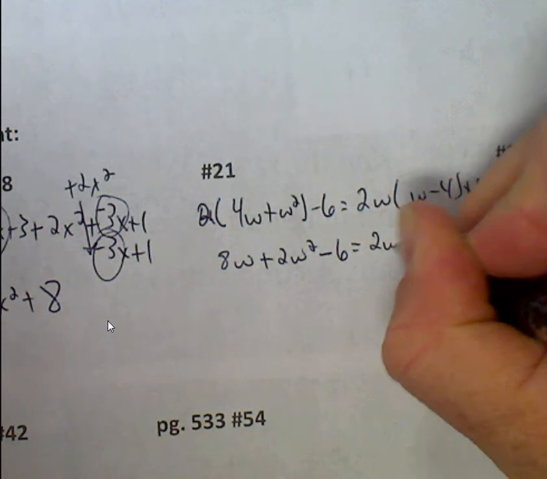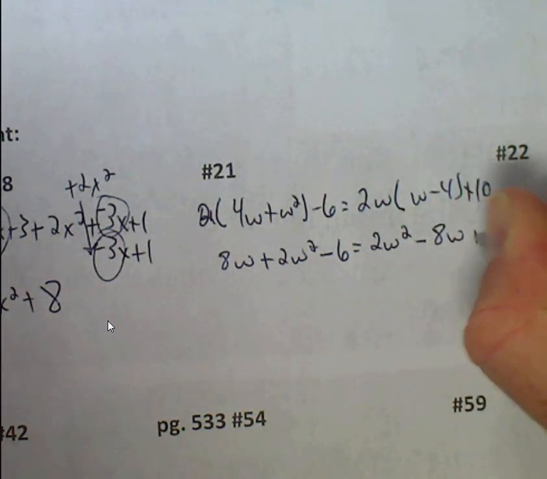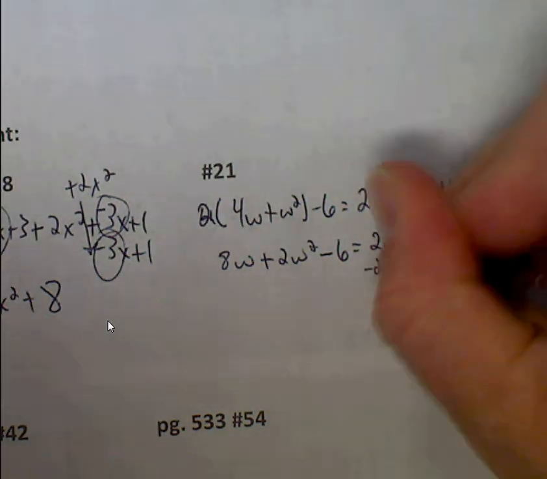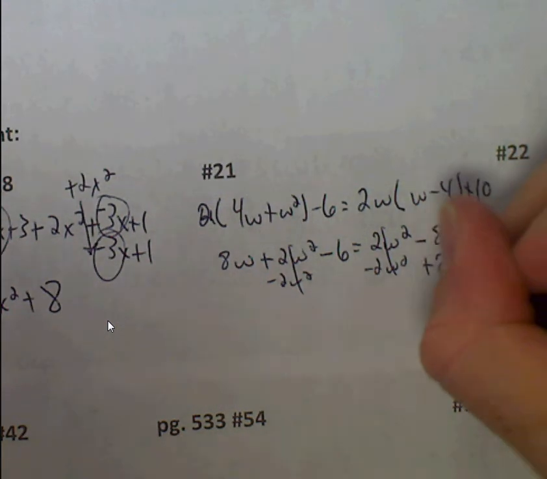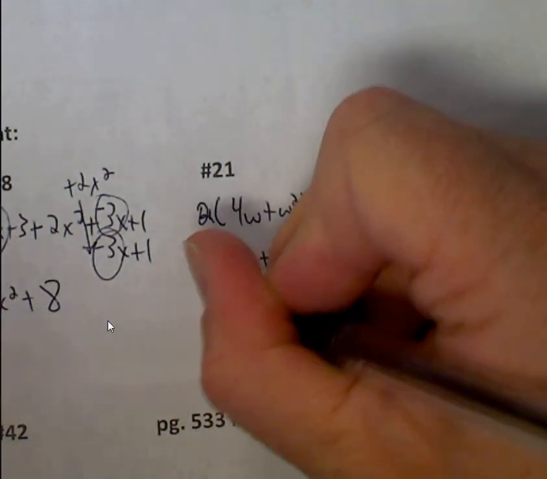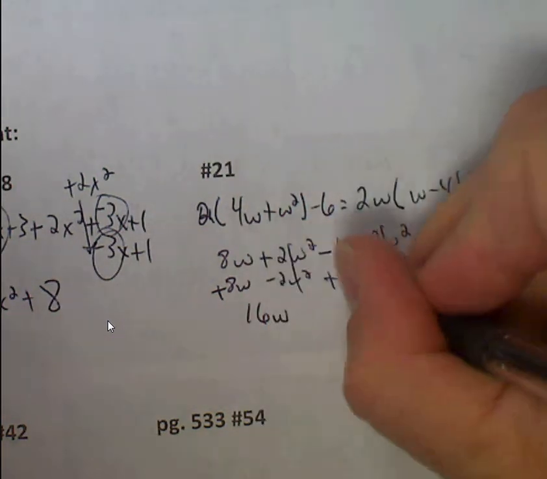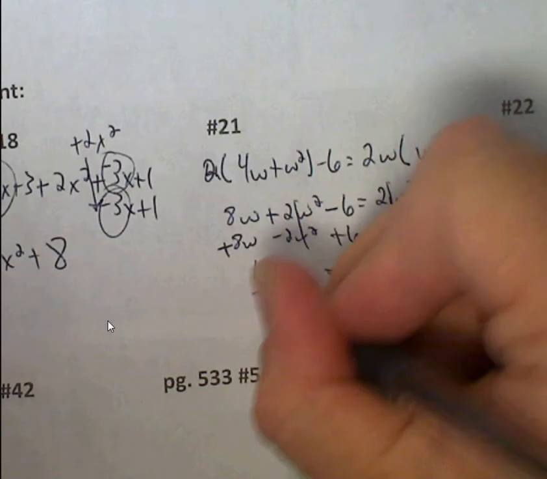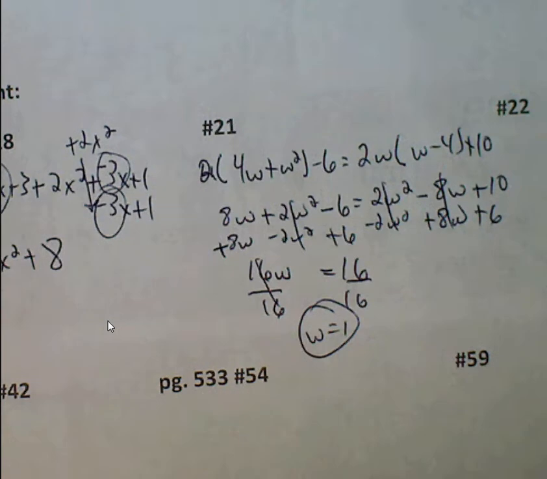This would give me 2w squared minus 8w plus 10. Minus 2w squared, minus 2w squared, those go away. Add 8w, 8w is 16w. Add 6, add 6. So that would be 16.